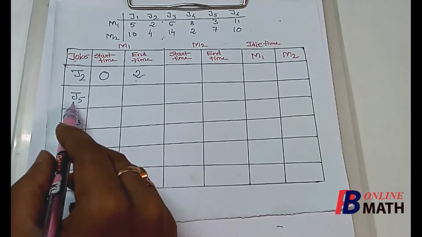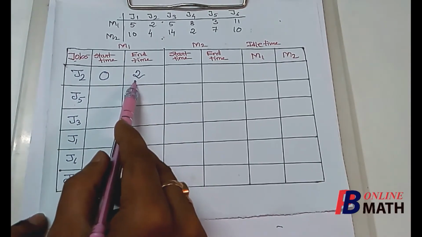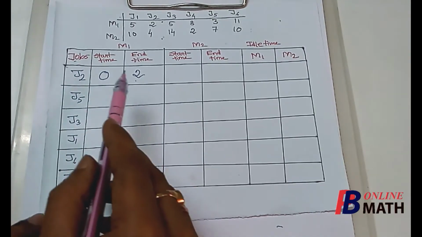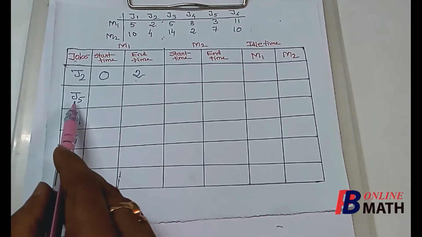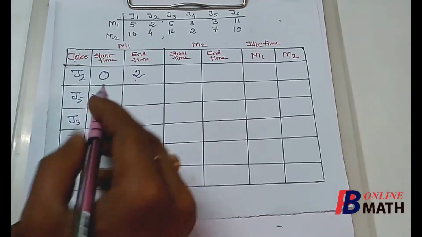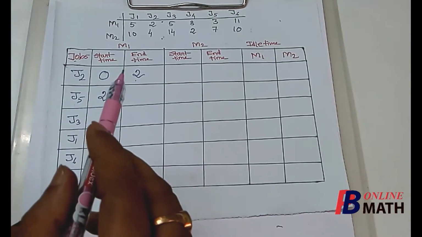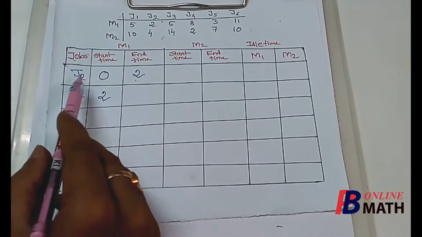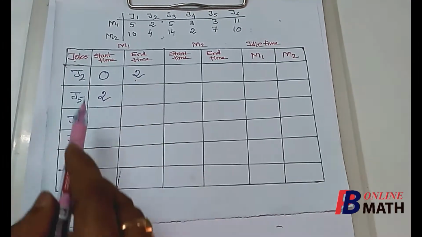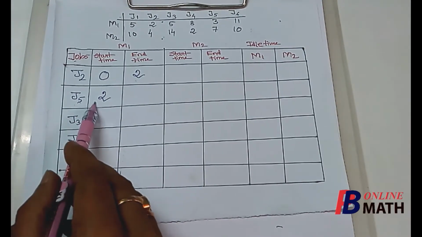Now the next job is J5. Since machine M1 takes 2 units of time to process job J2, the second job, that means job J5, will start processing on machine M1 after 2 units of time, once job J2 has finished processing on machine M1. So the start time for J5 is 2.